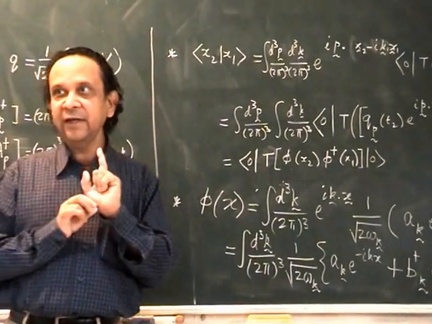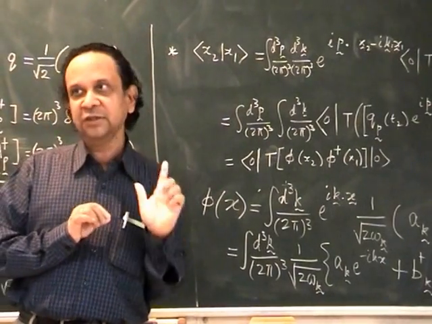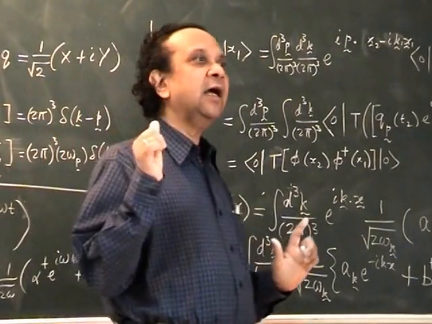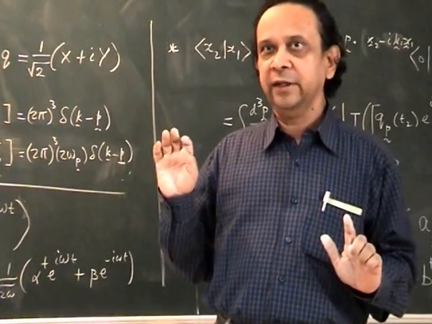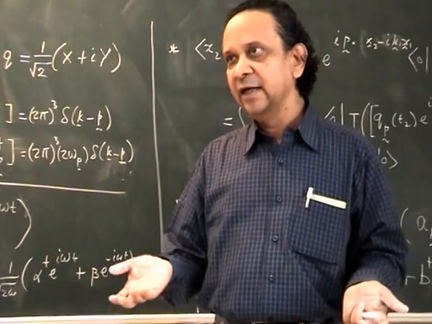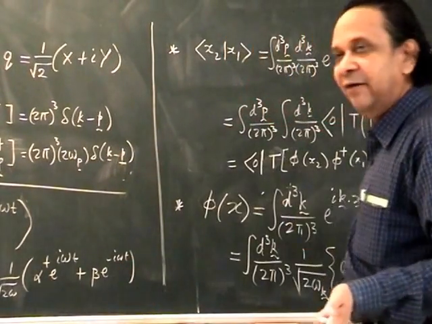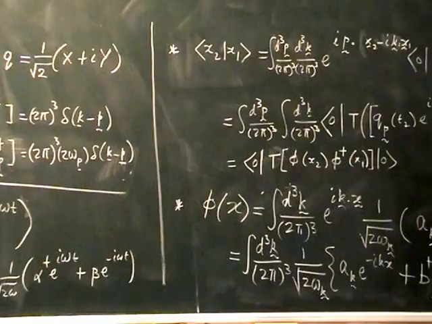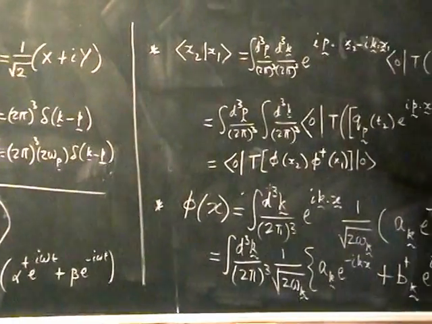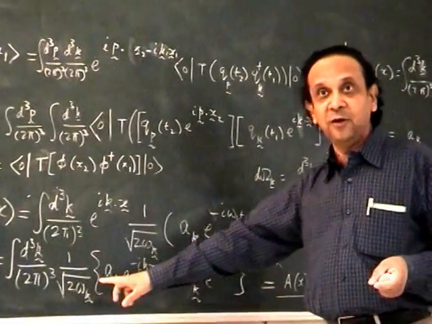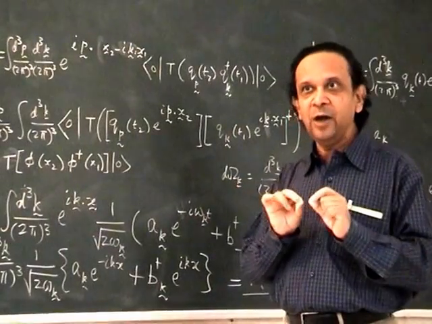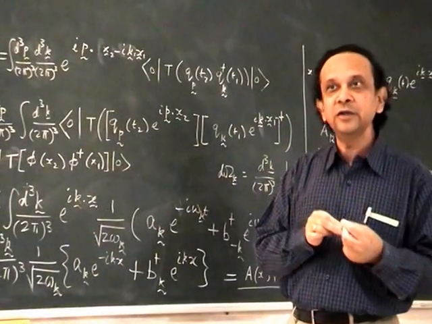The only place where we threw in Lorentz invariance in the oscillator is in saying omega k is square root of k square plus m square. That of course is a Lorentz invariant dispersion relation, but nowhere have we used that explicitly. It is hiding inside in order to maintain Lorentz invariance, but the prefactors are what I am talking about. So a lot of remarkable things happen in order to tie it up.